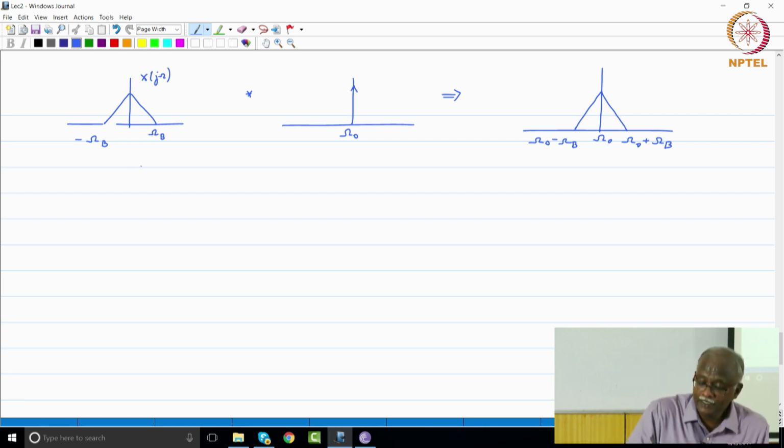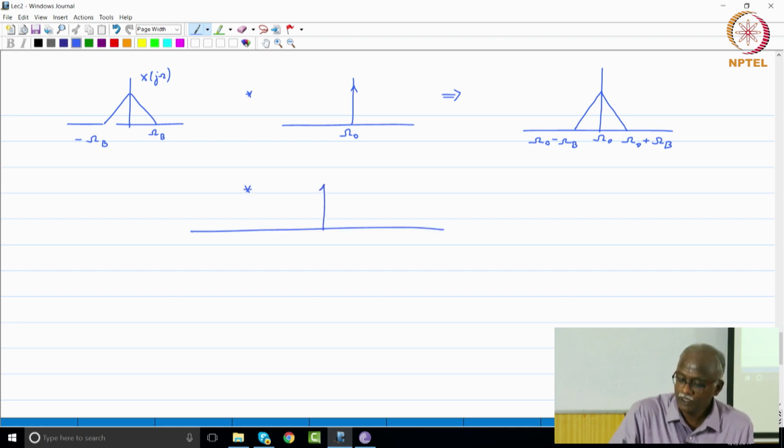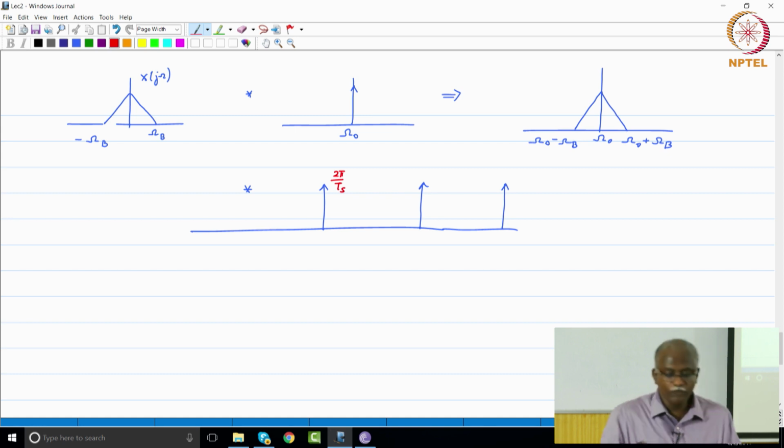Now expand it to convolve not with a single impulse, but with a train of impulses, each of them with an amplitude of 2 pi over Ts. When I do the convolution, there is a 1 over 2 pi, so the 2 pi gets removed.